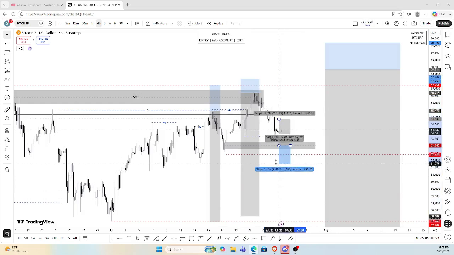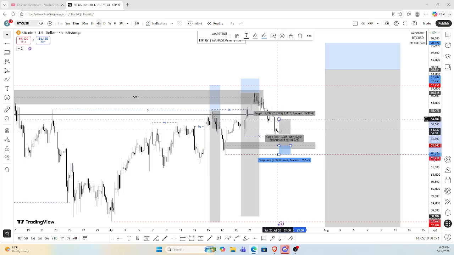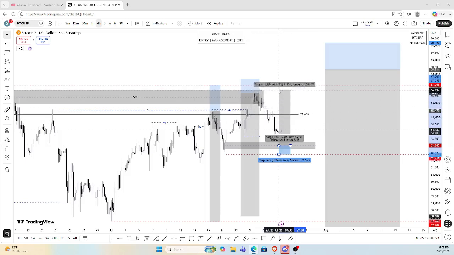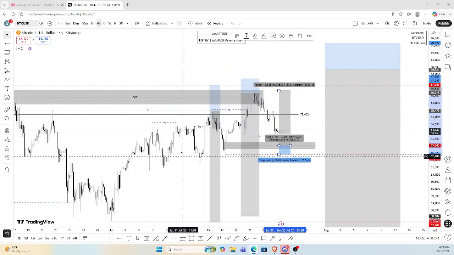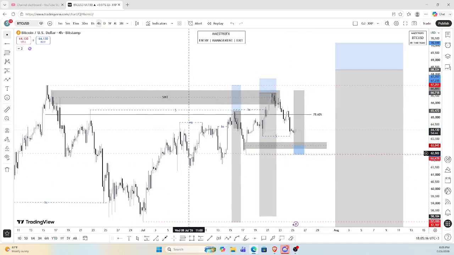And still this is a very valid setup to take, which is in line with the 4-hour trend.